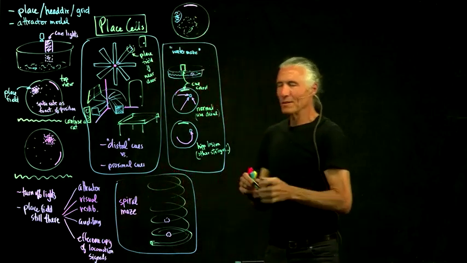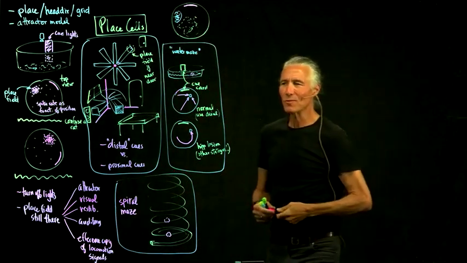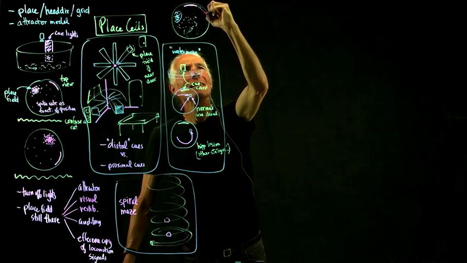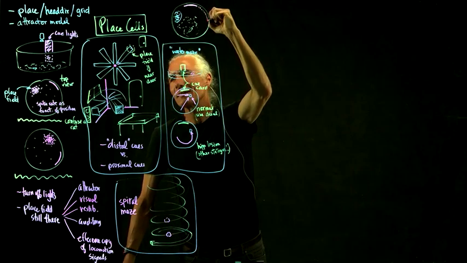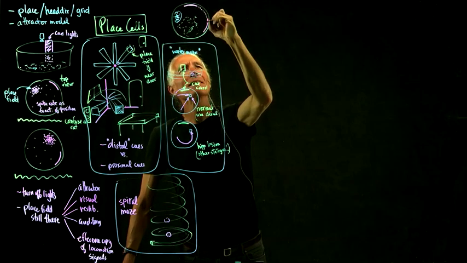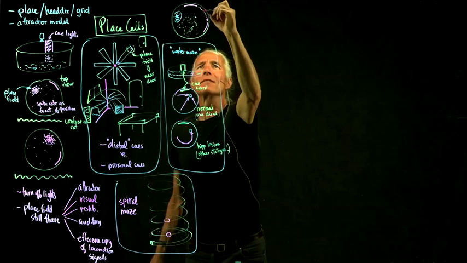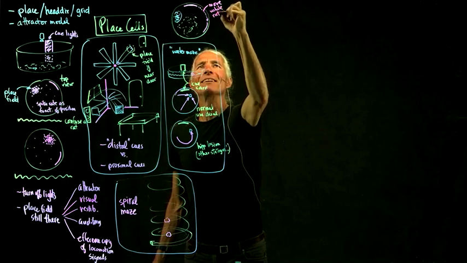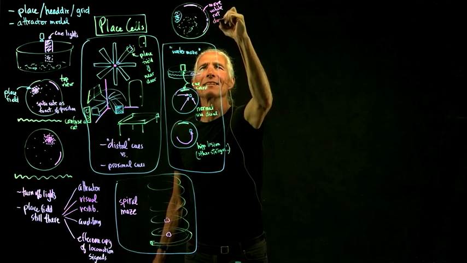And then you slowly move the cue card, over here, while the rat watches and does its thing.